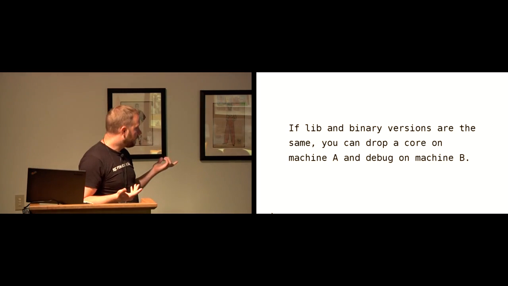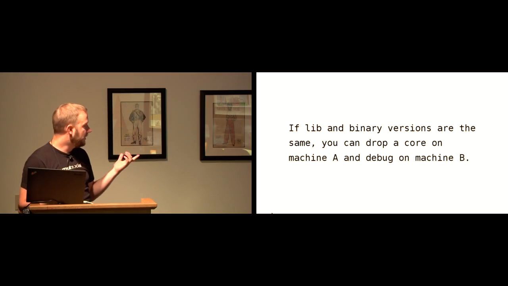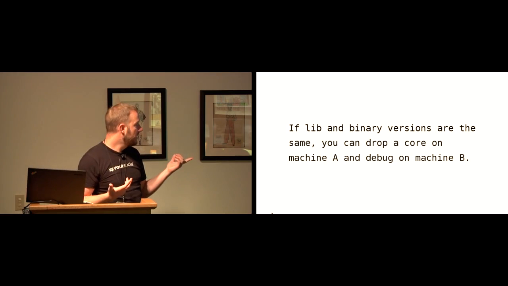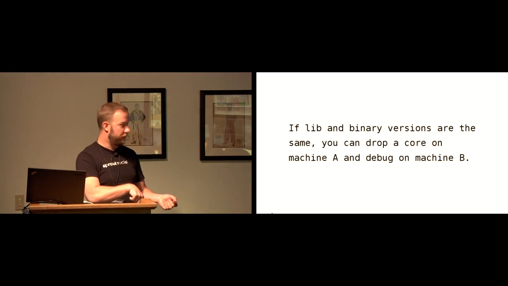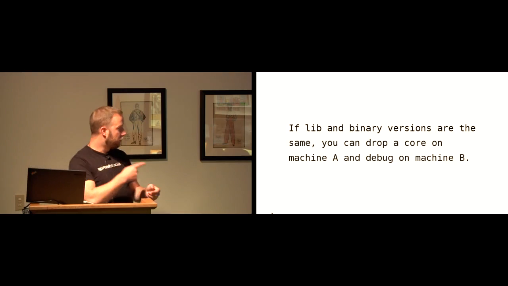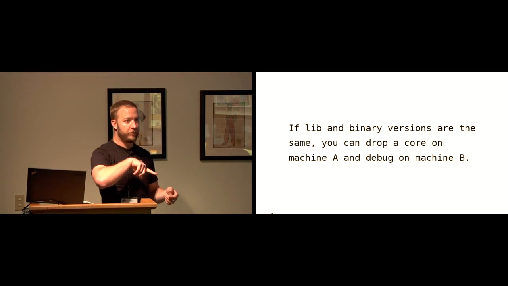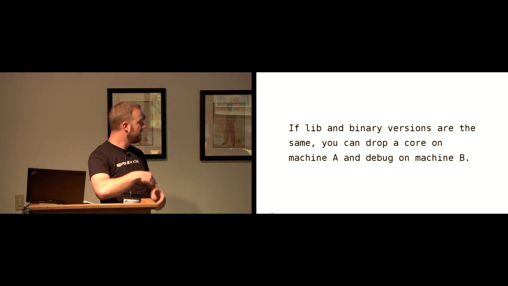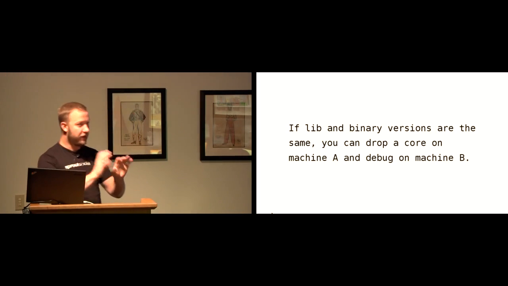The beauty of this is, if you can have a lab machine where the lib and binary versions are the same, you can drop a core on your production machine, copy that core file to your laboratory machine, bring the core file back up there, preserving the state, and then debug from that point without ever having to go on to production to see what's going on.